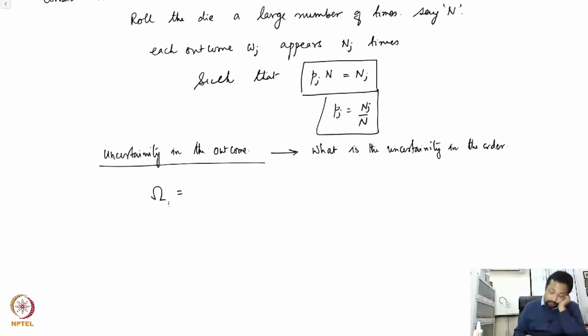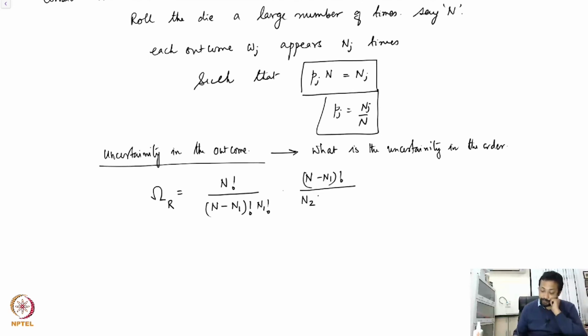And we will call this omega r, clearly n factorial over n minus n1 factorial, n1 factorial, times n minus n1 factorial over n2 factorial, n minus n1 minus n2 factorial. All this way it is going to go.